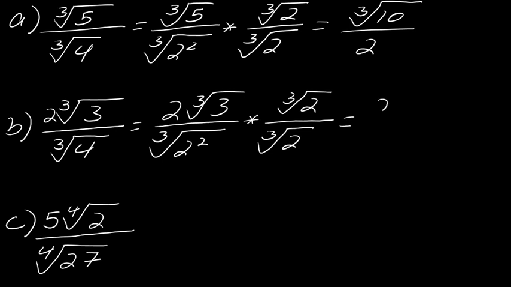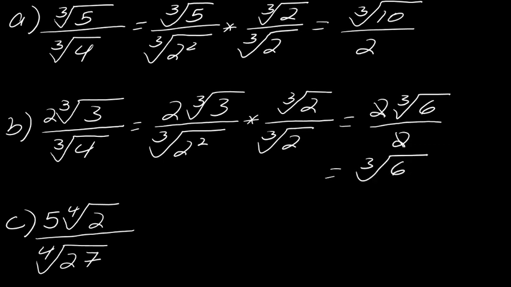Okay, so I've still got this 2 on top. I can multiply the 3 and the 2 together to get 6, and then what should my denominator become? The whole point of this was to make this ultimately equal 2. And now you will notice here, I can actually simplify this farther. So these 2's will drop out, and I'm just actually left with the cube root of 6. So that's it for that one.